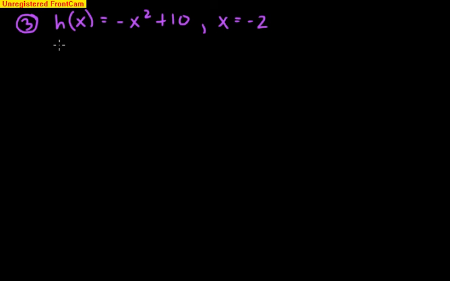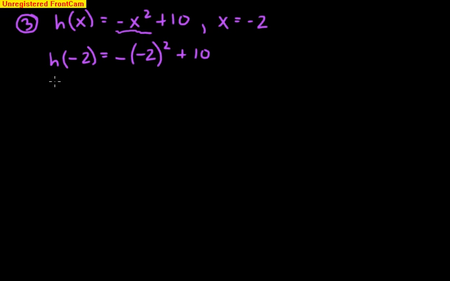Evaluate means plug in for x. h of negative 2 equals. Now, this is tricky. What do you do? Well, the negative is outside. x is just negative 2. So we put negative 2 in parentheses, and we square. Then the plus 10 just comes.